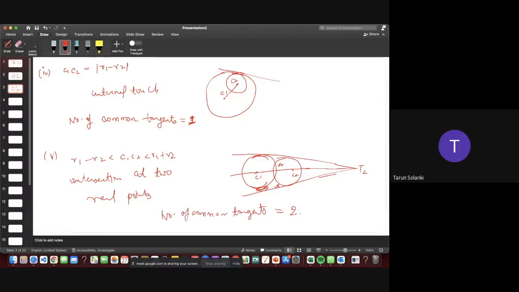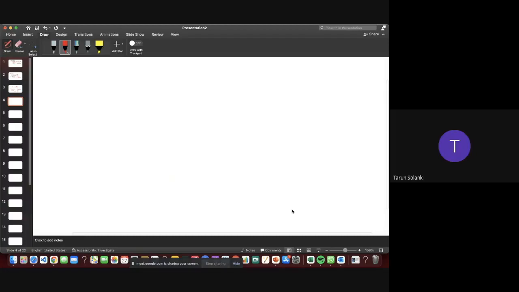Now I will discuss 3 points here first, then we'll proceed to 2 more points later. Okay. So the first is the point of intersection of common tangents.